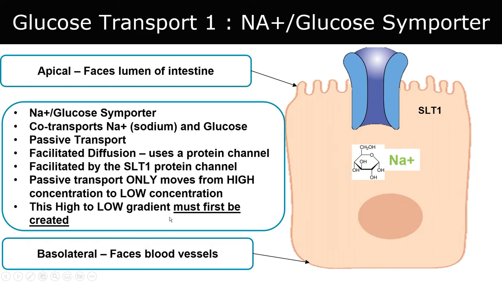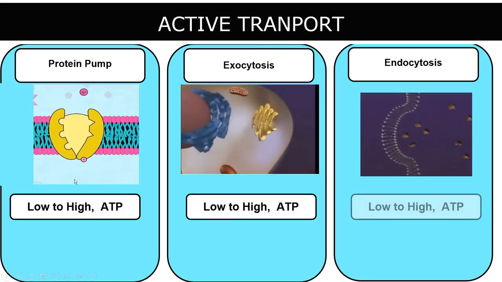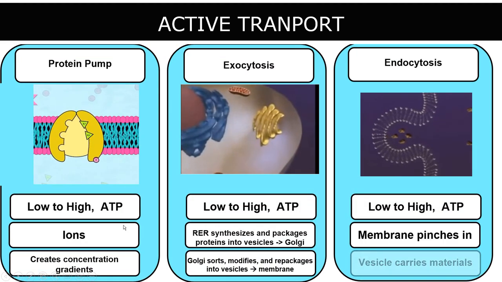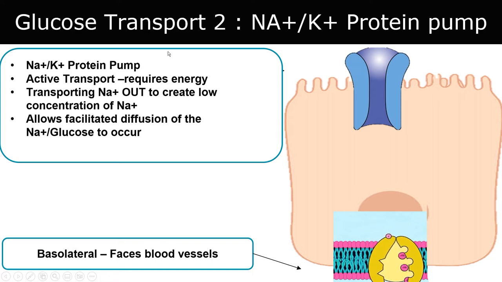And the way that I do that is through the use of a sodium-potassium pump, which we have looked at before. And so this sodium-potassium protein pump is now working on the basolateral side because I want to create low sodium inside the cell. And so what this is doing, right, is two potassiums are being transported in, and three sodiums are being transported out.